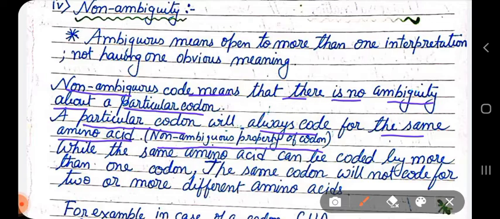There are also other codons that code for leucine. That simply means there may be multiple codons coding for the same amino acid, but one codon will code for only one type of amino acid. That is the non-ambiguous property of the codon.